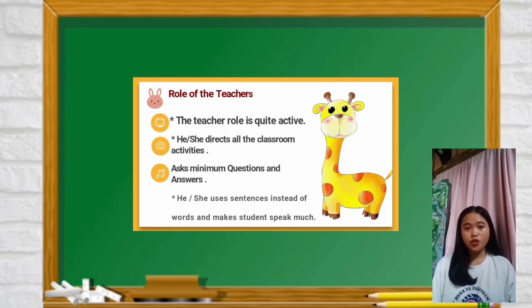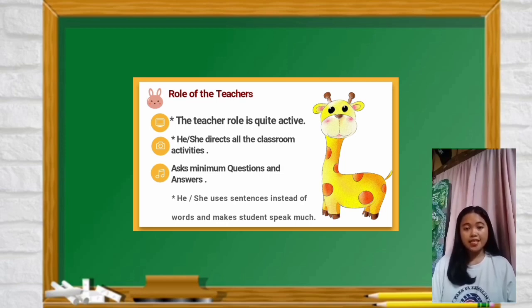The teacher will do this in order to find out if the students learned or not, or if the learners already have the awareness and knowledge of the lesson or not. But the teacher also keeps in mind to ask minimum questions only because the focus of this method is not the question and answer portion but speaking the target language more.